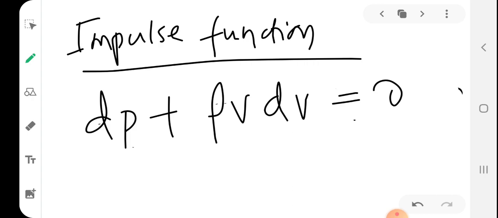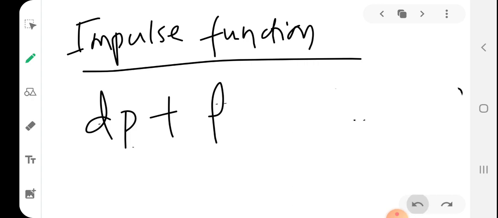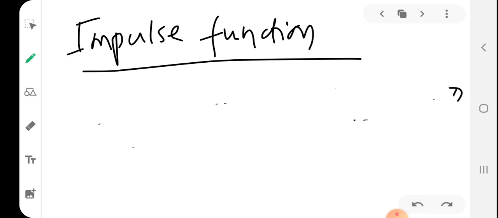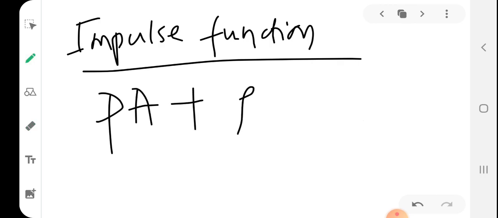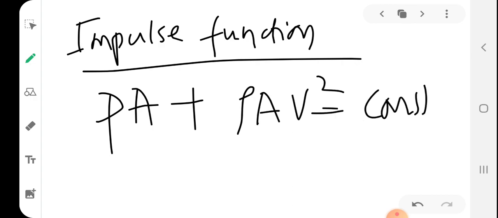After integration, and if you incorporate the area term, you can write it as PA plus rho A V squared equal to constant. Instead of 0, while you integrate, the 0 becomes constant, and we have added the area term also.